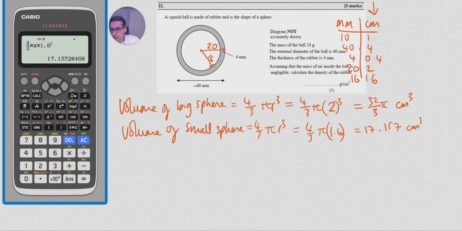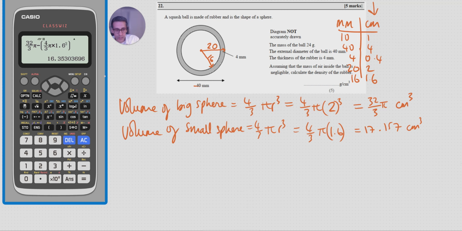Let me start that again. Okay, so we're doing 32/3 pi, take away this bit. Okay, there we go. I put it back in the calculator and we've got our answer here.